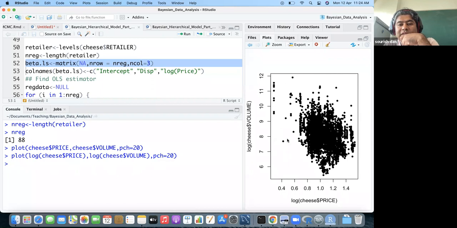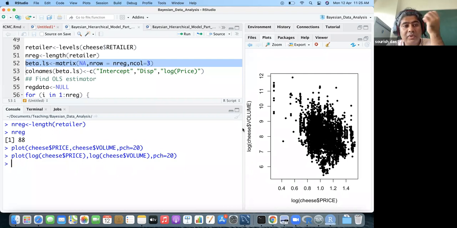Most of the demand is here. So it's indicative that there is a negative relationship between price and volume when they are in log scale. So they are log linear. The demand and volume have a log linear relationship.